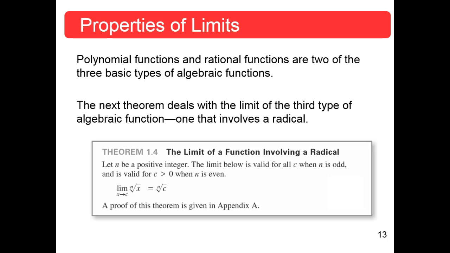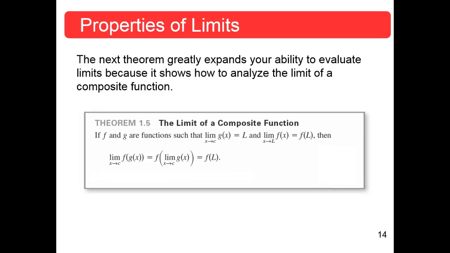You can't take any even root of a negative number. If that n is odd, though, yeah, you can take all of it. No problem. And if you want to go back to Appendix A, you can see the proof of that theorem. Can't wait.